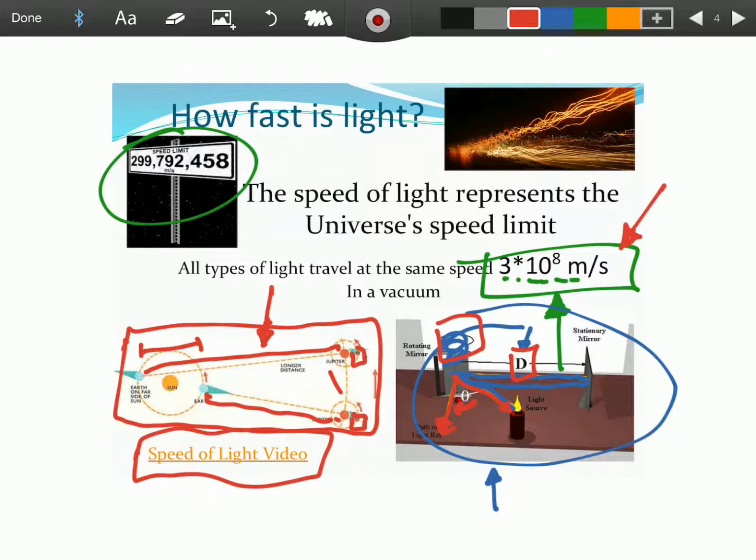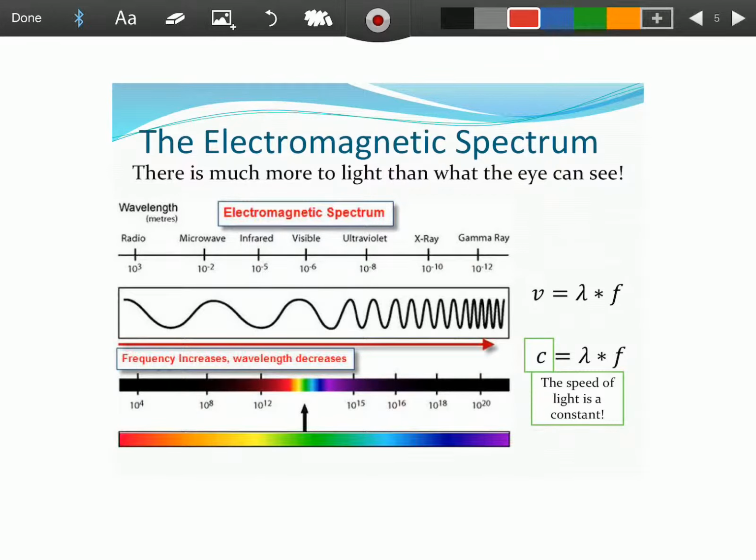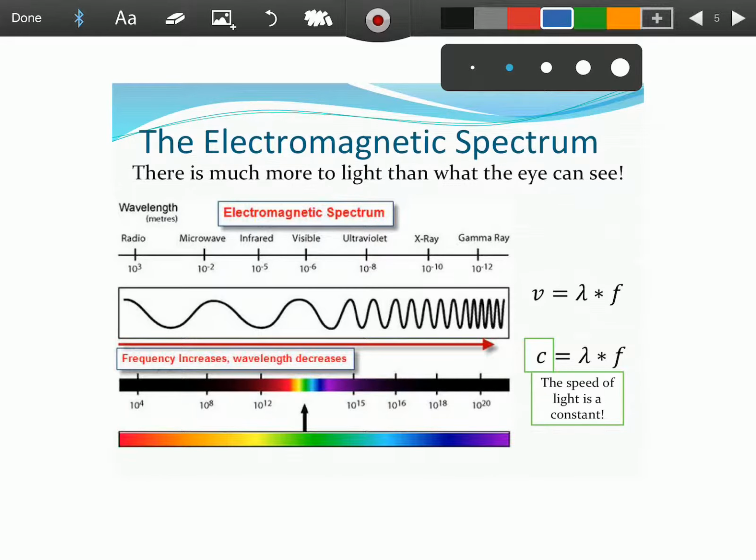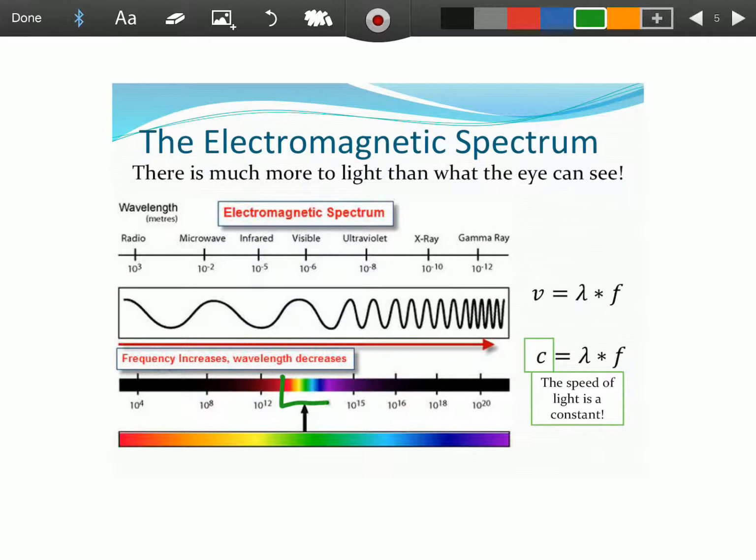It's pretty cool. Anyways, so the electromagnetic spectrum. We talked about this as well a little bit in class, and what we're trying to show here is look, we see this much of what light really is. And even this little bar here is a gross misrepresentation of the span of all the different types of light that there is.